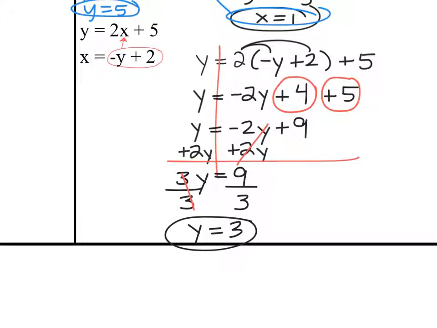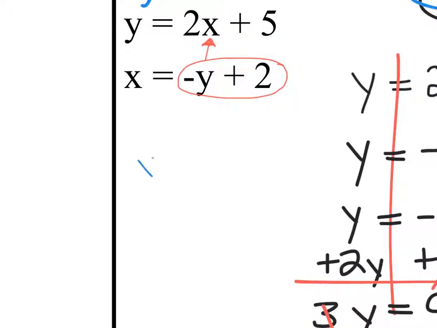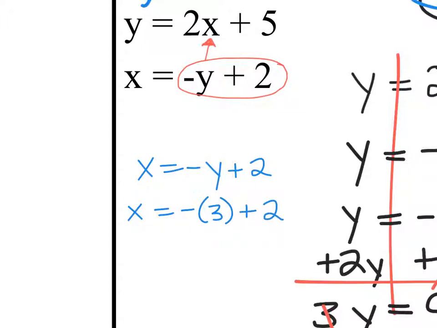I'm going to choose the bottom equation because it's already x equals. X is equal to negative y plus 2. Okay, we just found out that y was equal to what? 3. So where I see the y, I'm going to put in 3. I'm going to substitute it in.